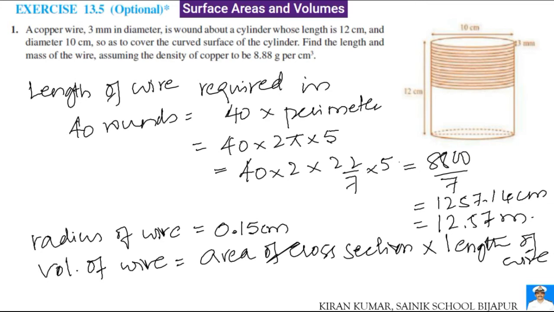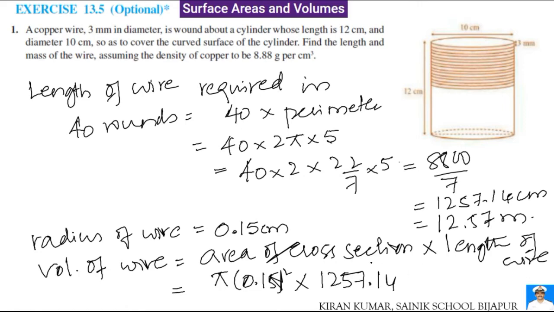The area of the cross section is pi r square, which will be pi times 0.15 whole square into the length of the wire, 1257.14.